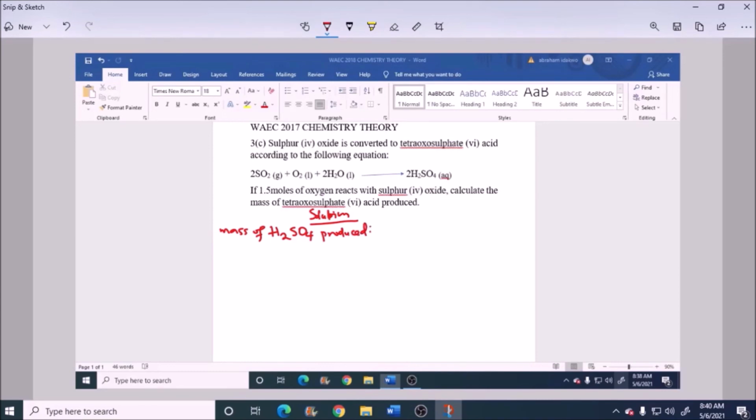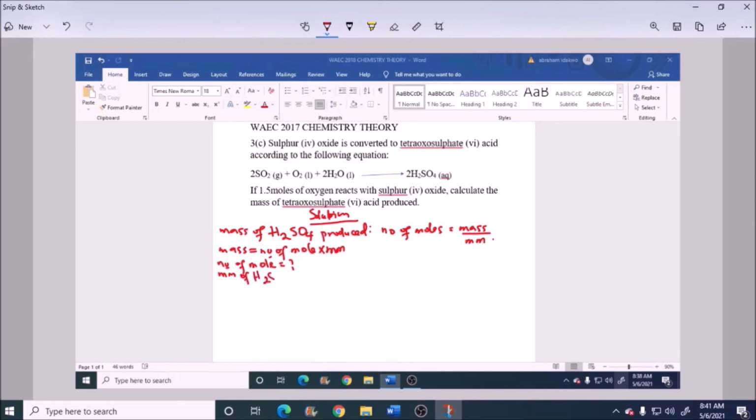We need the number of moles before we can calculate the mass, and the number of moles is unknown here. We also need the molar mass, which is also not given.